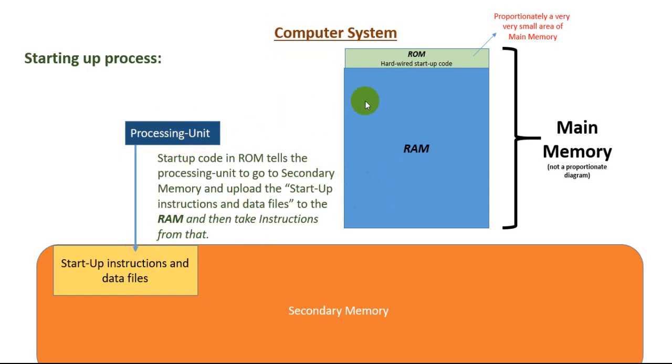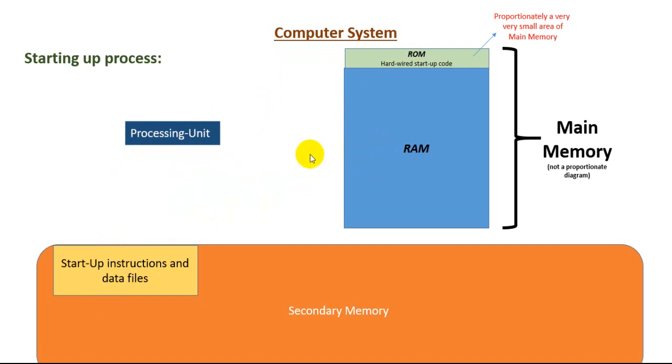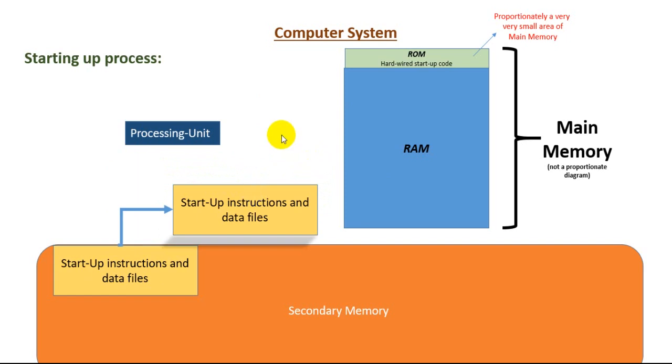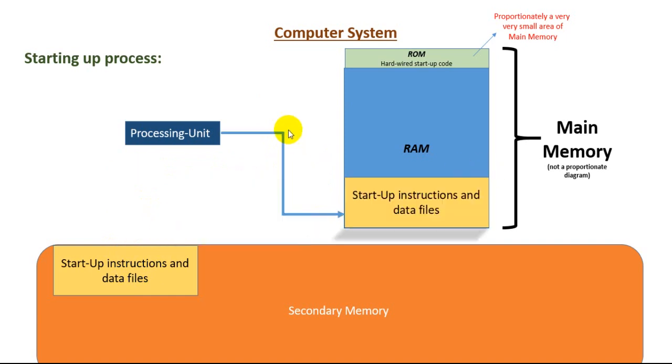Now ROM has told the processing unit to read up this particular stuff. So the processing unit reads this and loads a copy, takes a copy of this and puts it into the RAM. So it comes from here, a copy.